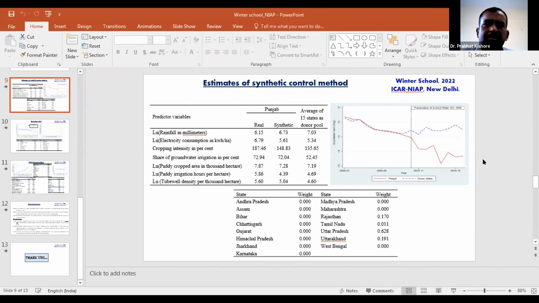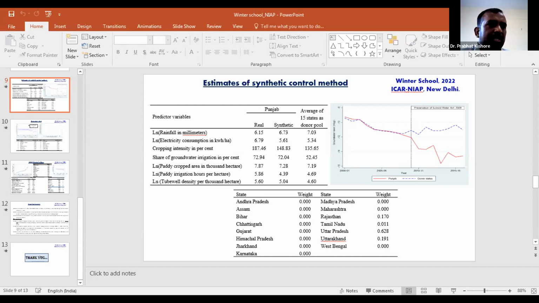Should I demonstrate this one? Yes, yes. Okay, then I will just unshare. I should stop this slide. My screen is visible, I think. Yes, sir. Stop this slide and reshare your demo.